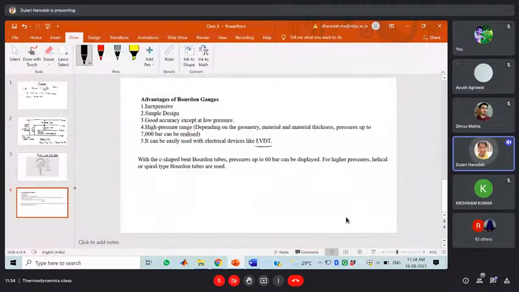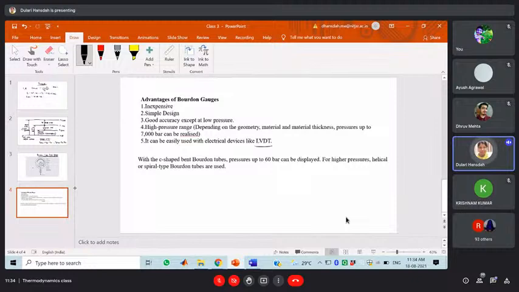Here it will measure the displacement. I'm not going into the details about this. These C-shaped bent Bourdon tubes can reach up to 60 bar. And for high pressure, as I've already told you, you can use different materials.